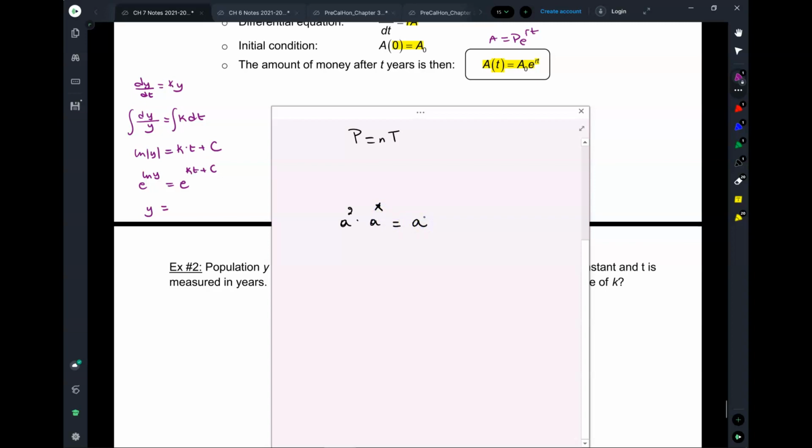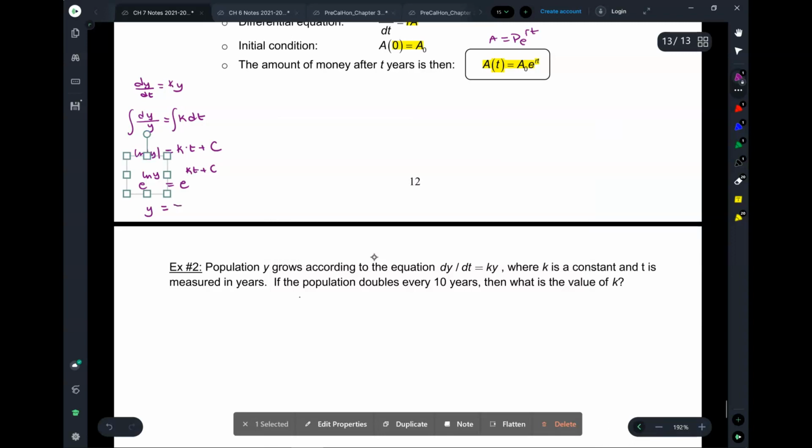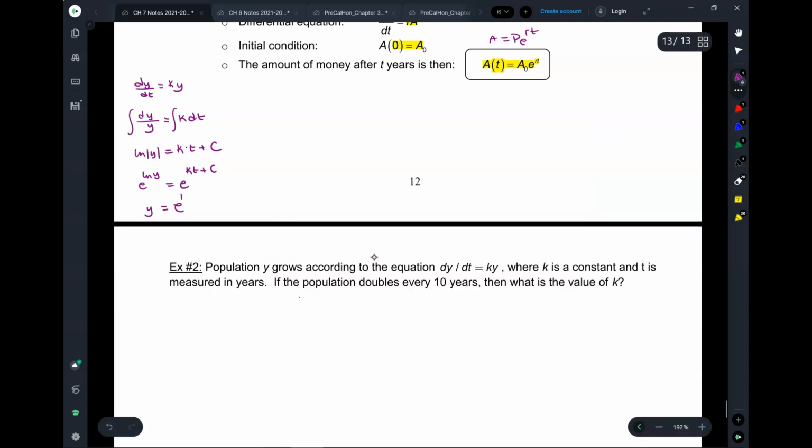A to the power of 2 plus x. When you multiply, you add the exponents. We're given e to the kt plus c, and we can go the other way. Can I rewrite this as e to the kt times e to the c? Why not?